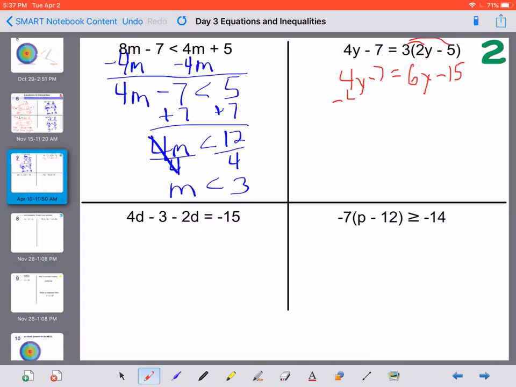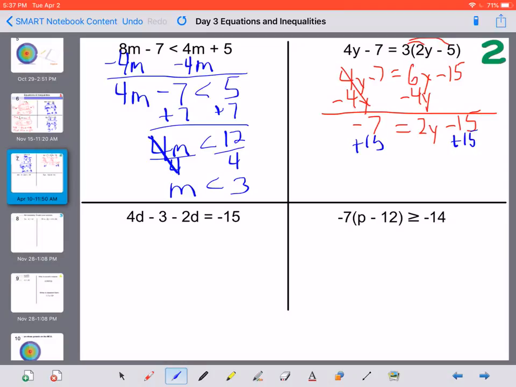Here I'm going to subtract the 4y so I can get my variables to be positive and on the same side. So we get negative 7 equals 2y minus 15. Then we're going to add 15 to both sides.